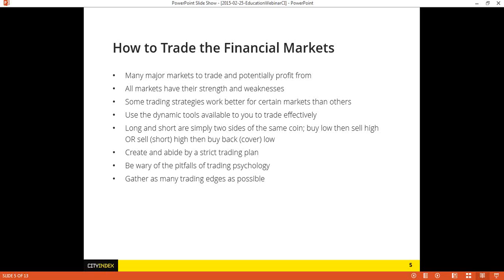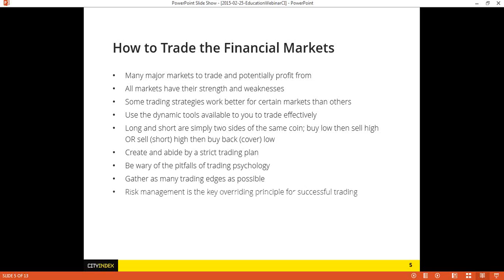Why not put as many edges together as you can? Won't you have a higher probability of having a correct direction in your trade? So what I always talk about is, you want to find confluence in your trading. Find as many edges as you can and put them together. If they're all pointing in the right direction, that makes for a higher probability trade.